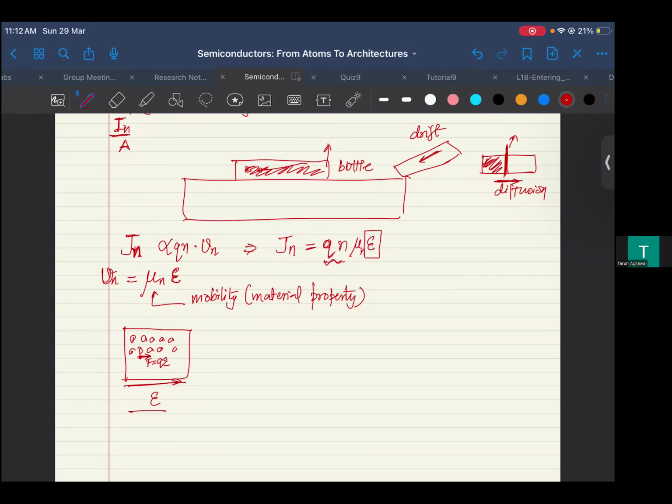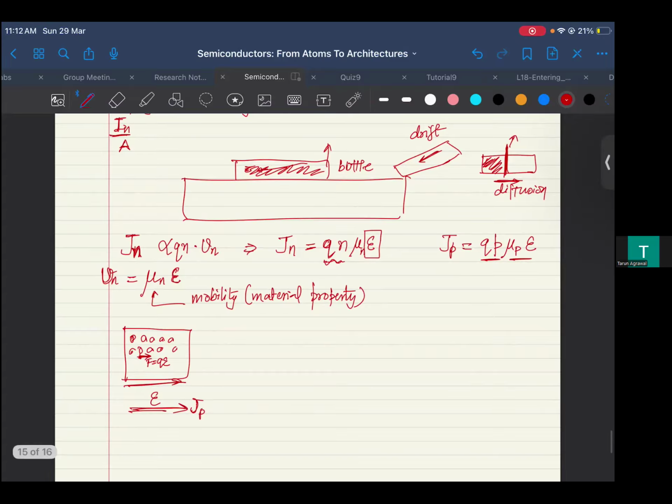And we know that for a positive charge, whichever direction it moves, by convention we have the current also in that direction. So that is why the other component is J equal to Q P mu P, right? This is the charge, this is the velocity. That is the water flow, or the current which is flowing in the semiconductor.